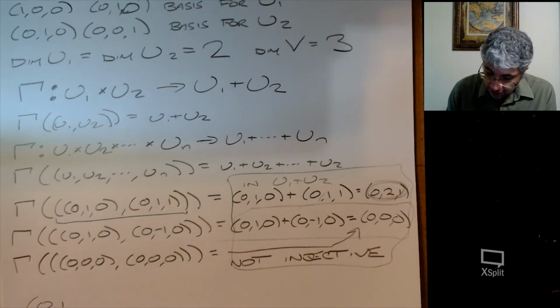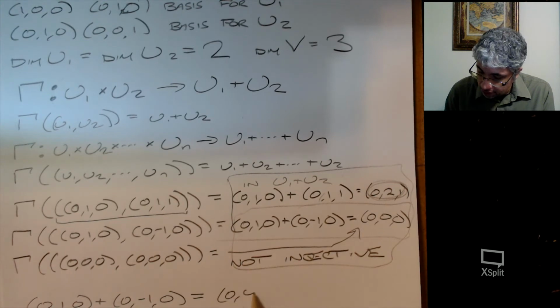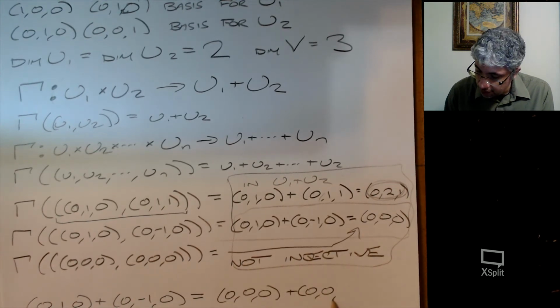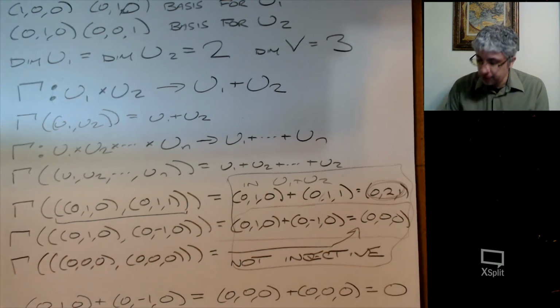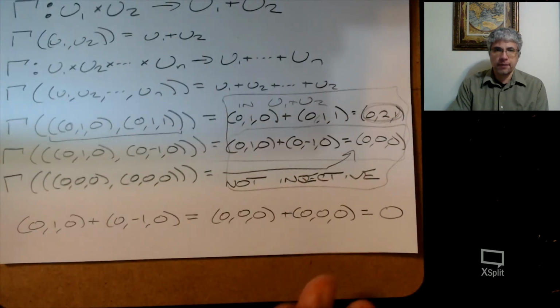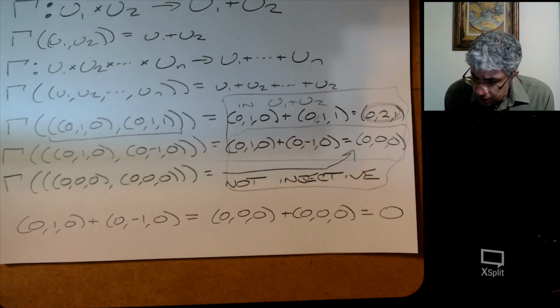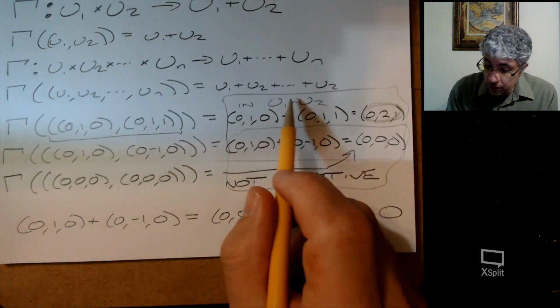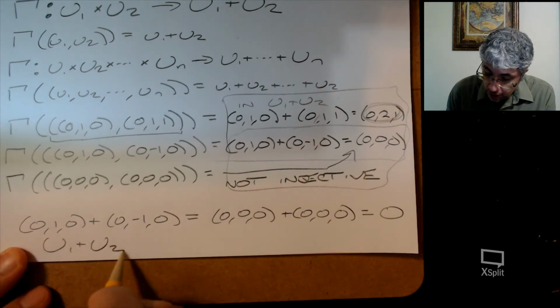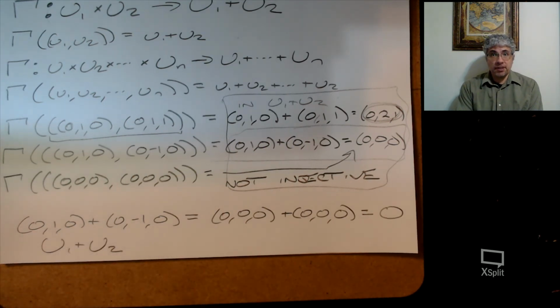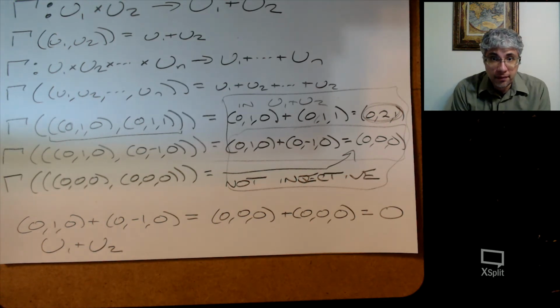I care about the fact that I have (0, 1, 0) plus (0, -1, 0) equal to (0, 0, 0) plus (0, 0, 0), and they're both equal to the 0, which is (0, 0, 0) here. So we had a special name in U1 plus U2 if everything could be represented in exactly one way. And what did we call that? Well, we said that instead of it being a sum, we have a direct sum.